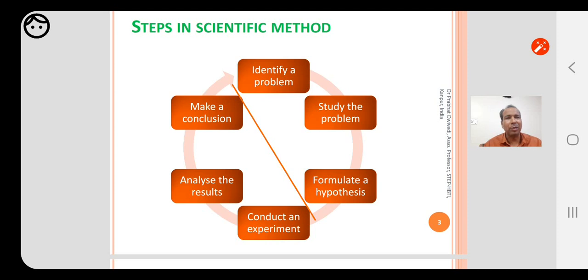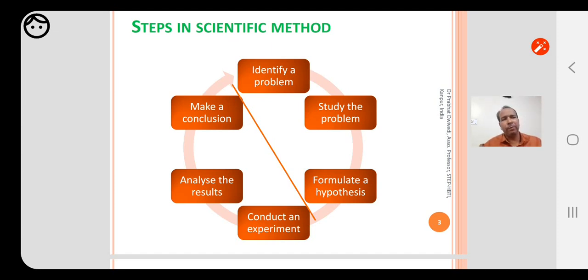The steps start from identifying a problem, then studying that problem further through observation, through literature review, through reading, through studies, through theories, etc., and then proceeding towards formulation of hypothesis. So this half of the diagram we will be trying to learn today.